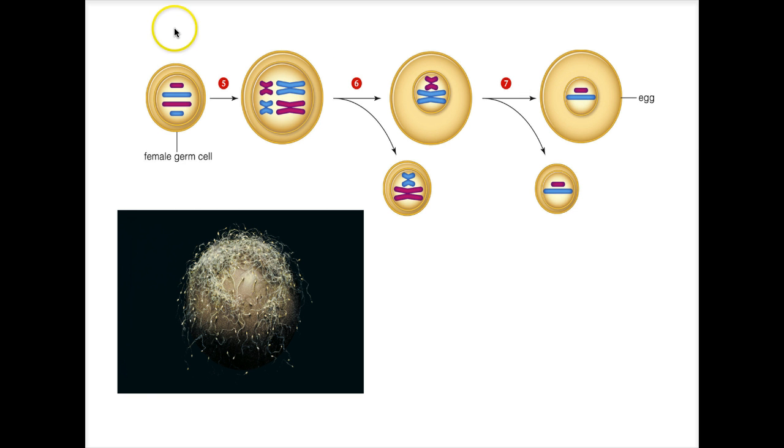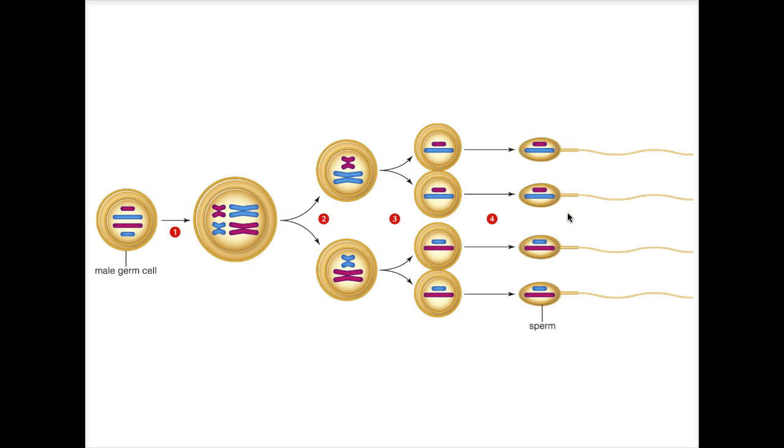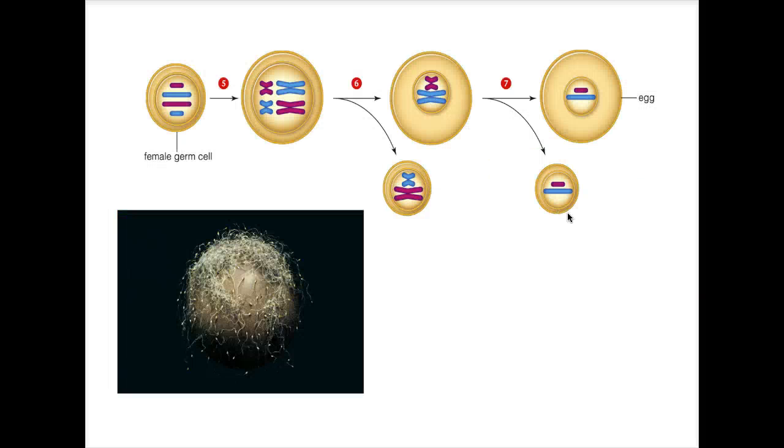You might at first glance say, well, this doesn't make any sense because we only have 2 cells formed here and one cell's huge compared to the other. Whereas with the male, we formed 4 cells, each cell equal in size. Well, what happens is with meiosis 1 and 2 and germ cell formation in females, because the female is providing all of the cytoplasm and organelles, the egg cell is much larger, and it needs to be much larger, I should say.